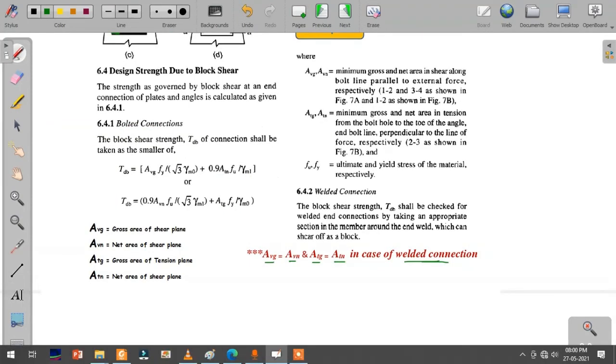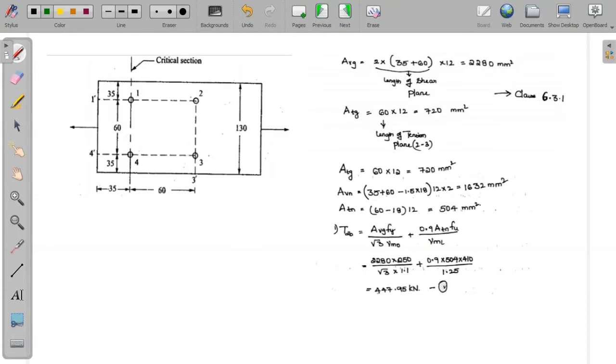See this figure here. This is a section and there is a tensile force acting on this section, and there are bolts 1, 2, 3 and 4, and this is the end of this plate. As you can see from this figure, this is 4 dash, this is 1 dash, and this is 3 dash, for our reference.